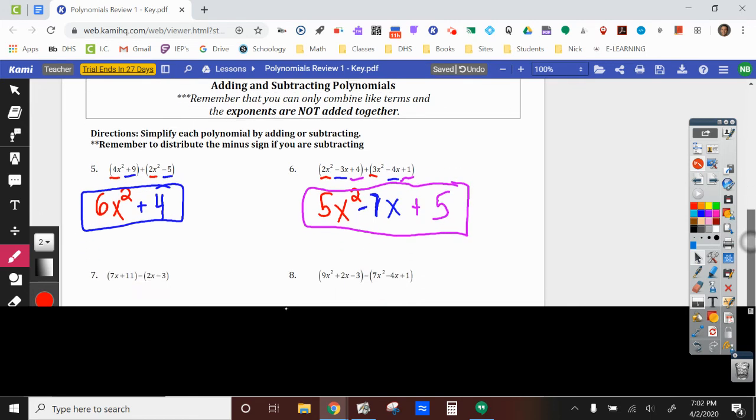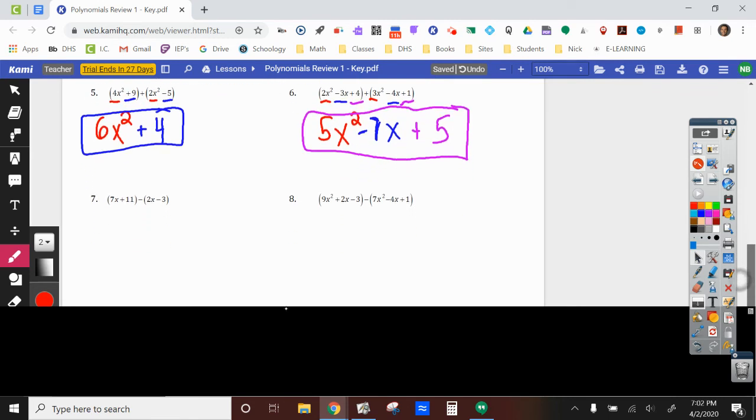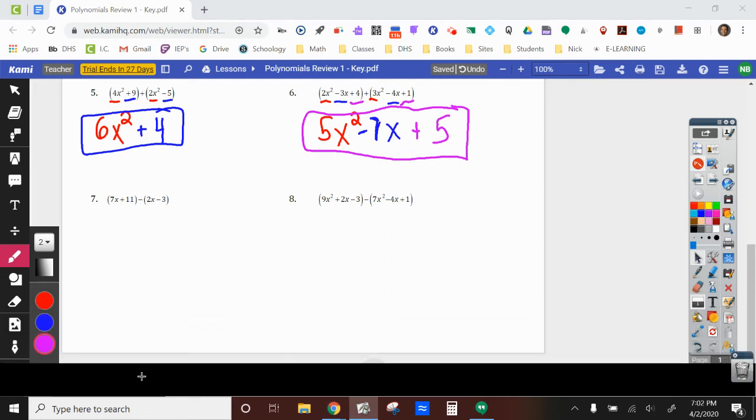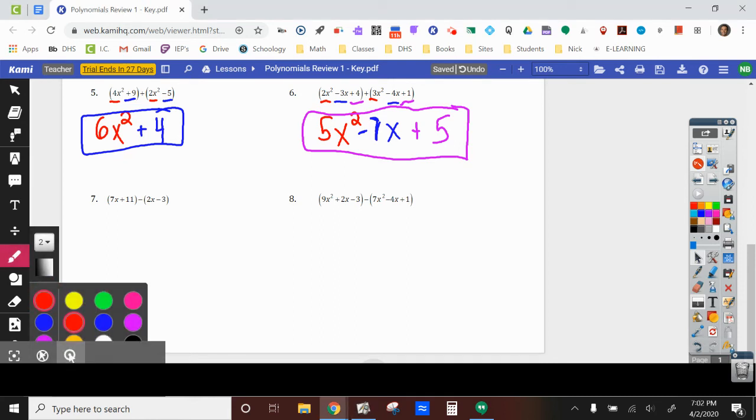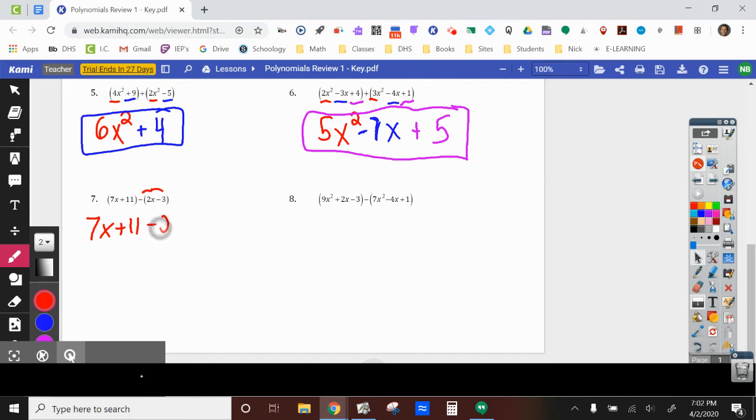Now let's look at the last 2 examples. We have 7x plus 11 minus 2x minus 3. We're definitely subtracting here, so this is where I'm going to need to rewrite this problem and distribute this minus sign. Here we get 7x plus 11 minus 2x, well, minus a negative is going to become a positive.